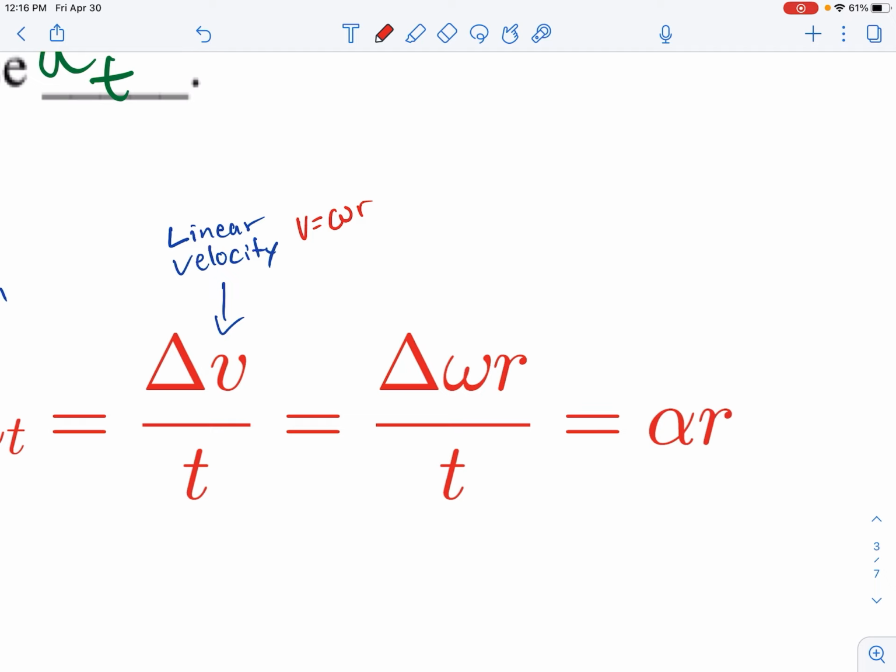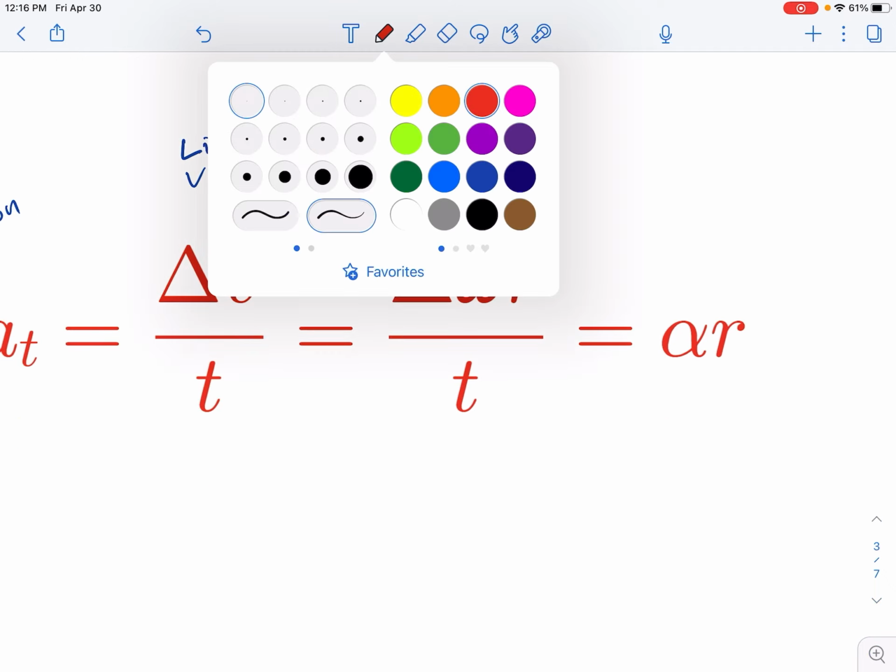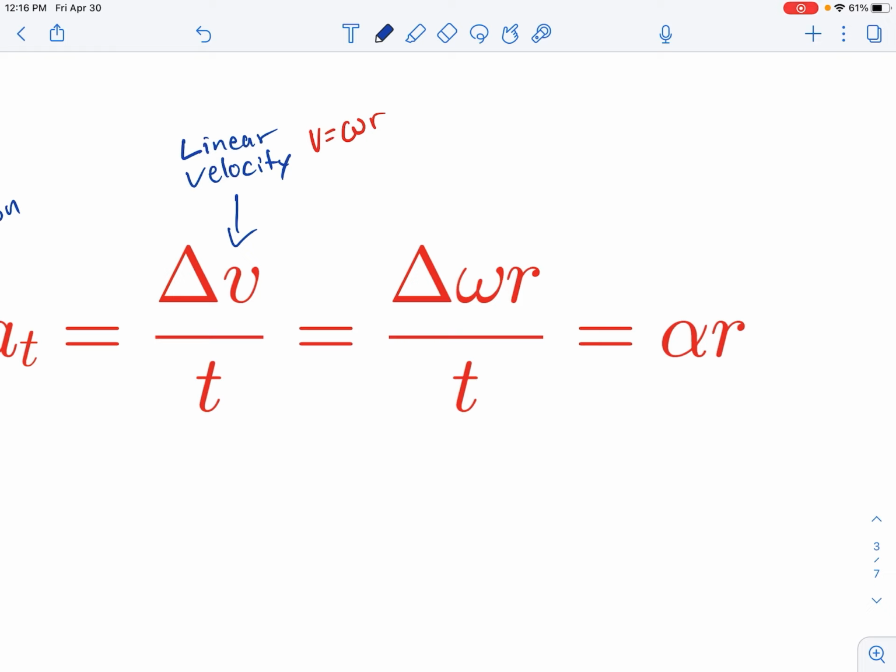We also know that angular acceleration, or alpha, is equal to omega over time, which is how we can simplify this formula up here to ultimately get to alpha r.